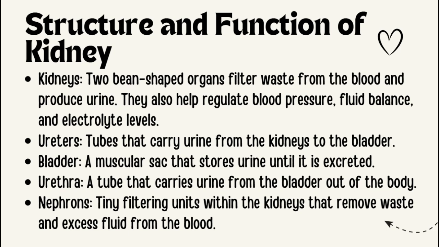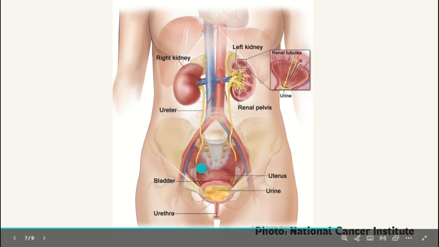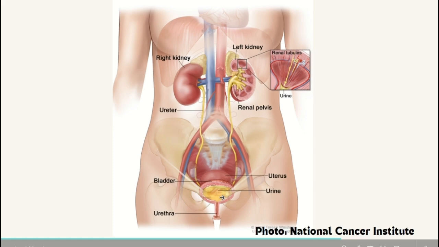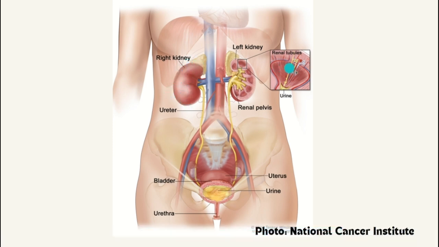You can see the bladder here, and this is the urine inside of the bladder. The urethra would be the final place before the urine gets outside of the body. So in the kidney, we have our tiny filtering units, which are the nephrons.